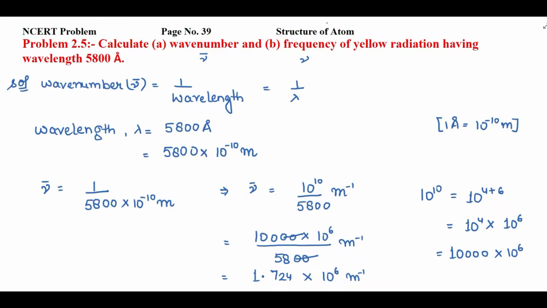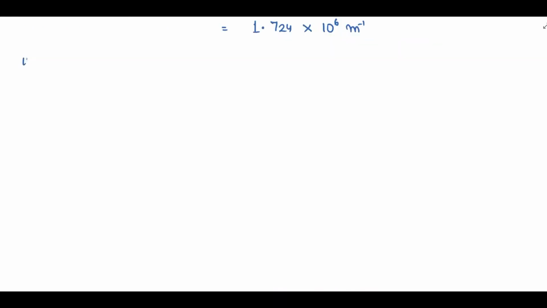Now let's find the value of frequency. The formula of frequency, it is denoted by nu and formula is c upon lambda, right? Now c is velocity of light, 3 into 10 raised to power 8 meter per second, right?